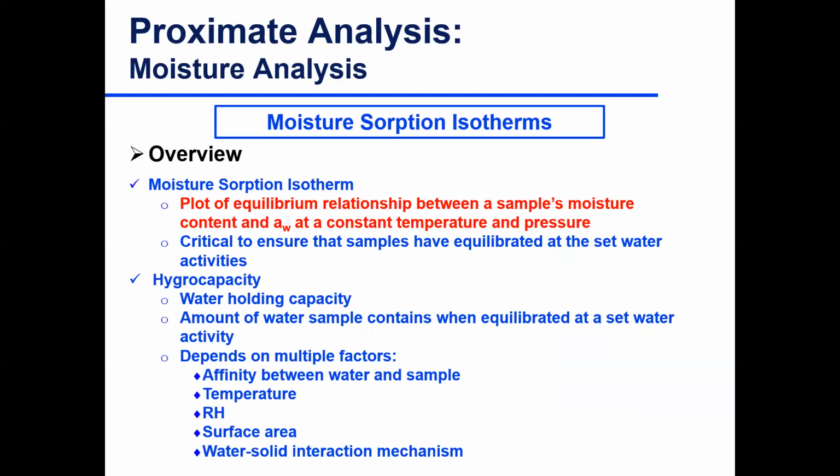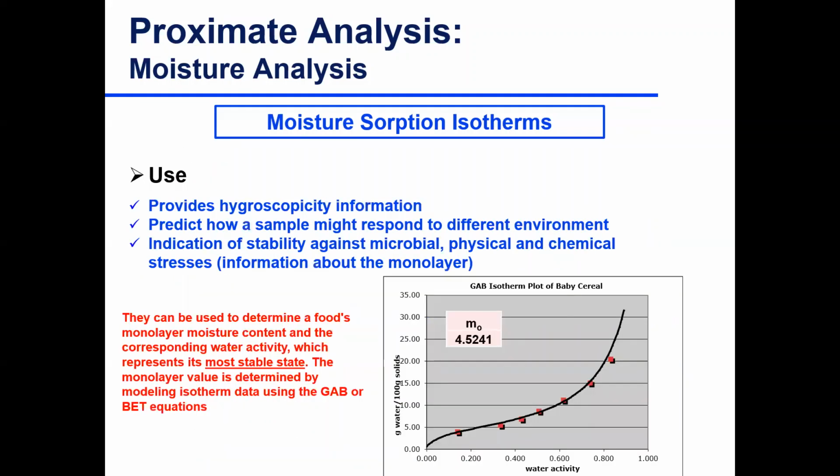And so what oftentimes is done is an isotherm is constructed. So you have some kind of a composition, whether it's a cookie or not, and you look at changing the moisture content in that product to different water activities and how that relates back to water content. So you draw relationships between water and its freedom through water activity.